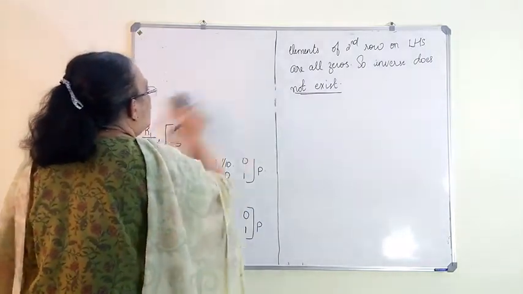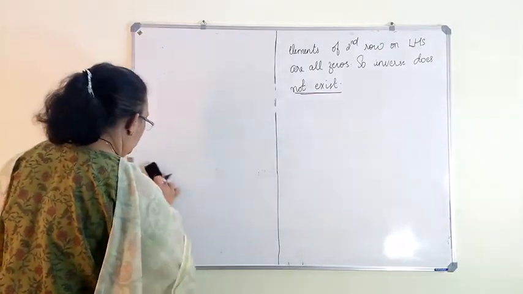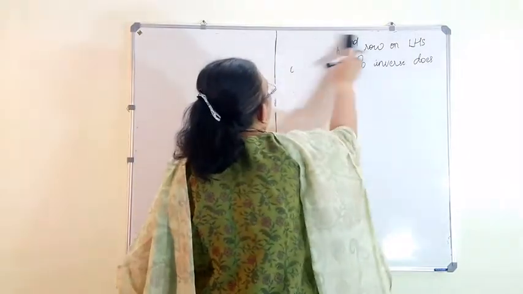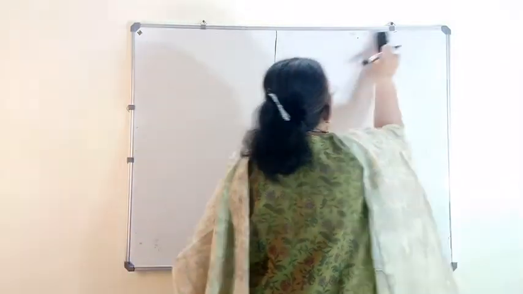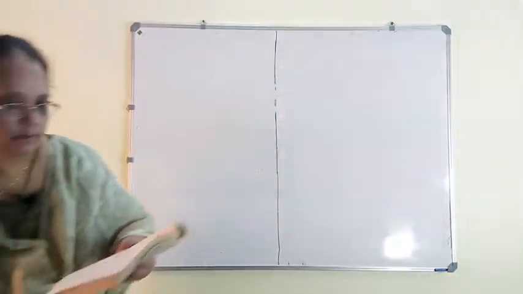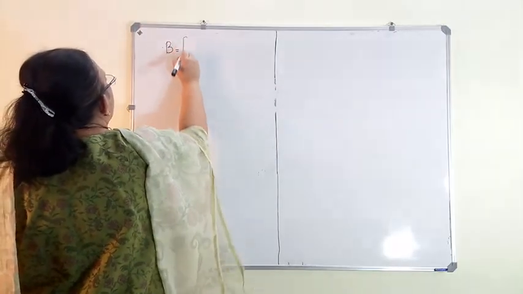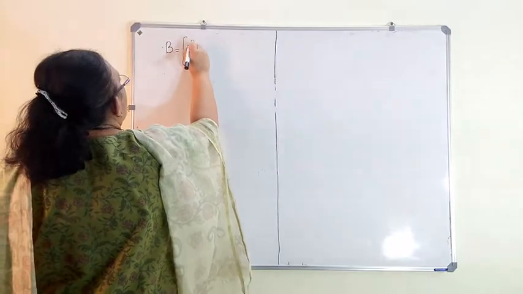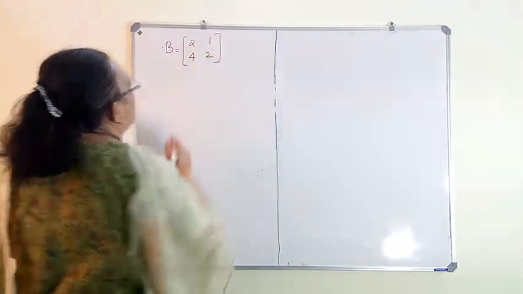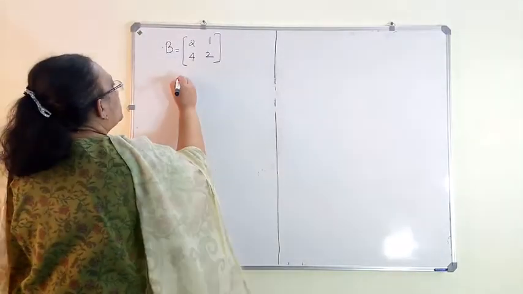Find the inverse using column transformation. Using rows, we have done 2. Using column transformation, find the inverse. B is equal to the matrix [2, 1; 4, 2]. So the question is using column transformation.